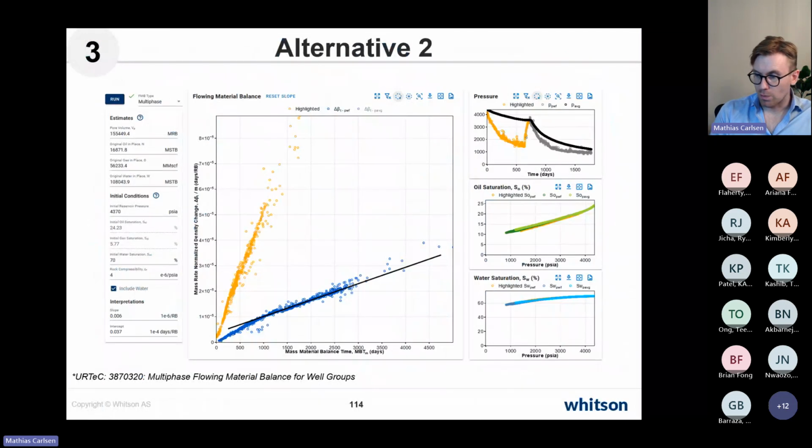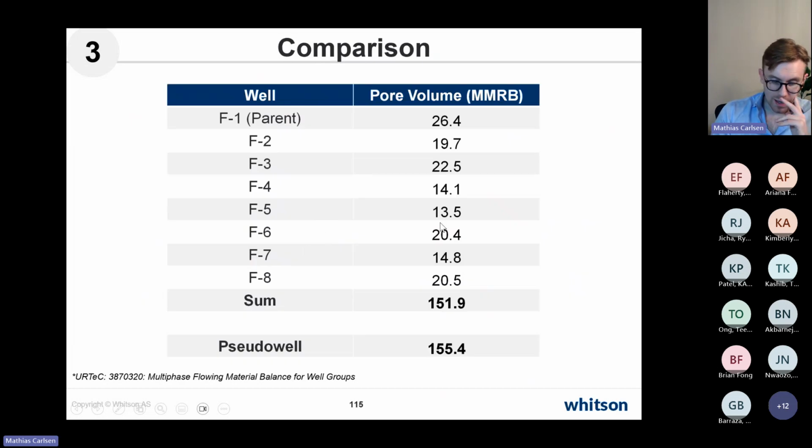The alternative to that would be to create the pseudo well. If you go ahead and do that, the yellow would be the highlighted part of the data before the infill wells come on, and then you have the part of the data that's after over there. If you did this exercise, you see the pore volume up here to the right, and you can compare them.